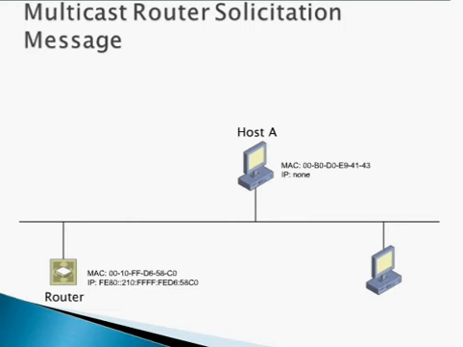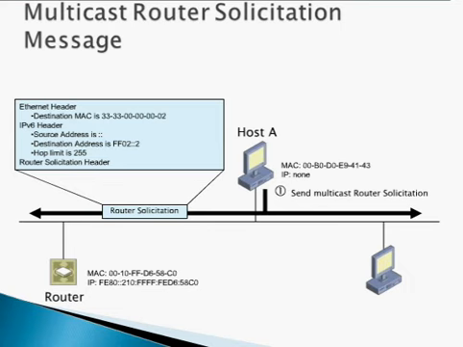So here we have host A just starting up on the network. It hasn't even figured out whether its link local address is valid or not, and it's going to try to find a local router. So it sends out this multicast router solicitation message, and it's multicast because it doesn't have a unicast address, number one, and number two, it doesn't know which routers are on the network.